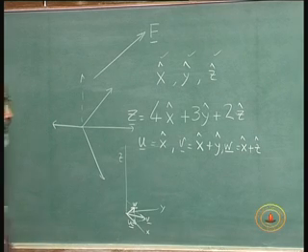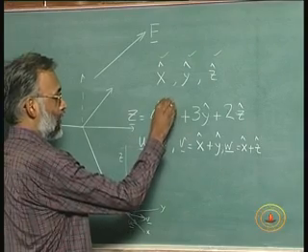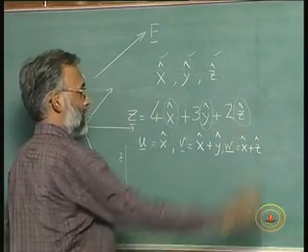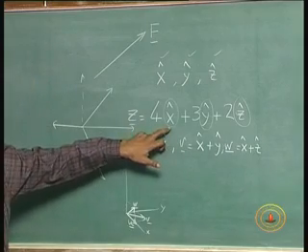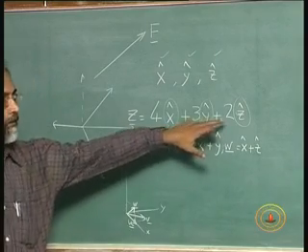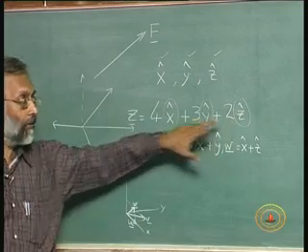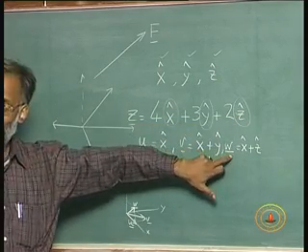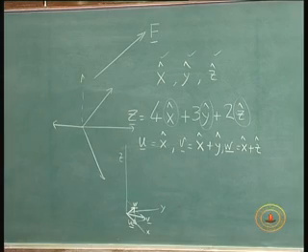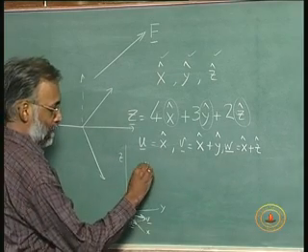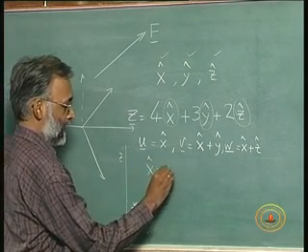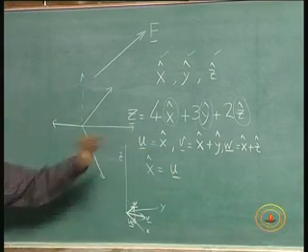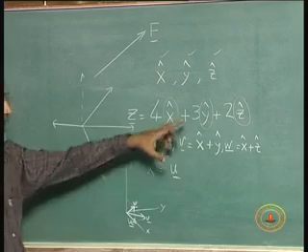Well, what I do is I try to figure out what these 3 vectors, unit vector along x, unit vector along y and unit vector along z, what these are in terms of u, v and w. So, what are they? Well, x is easy, x hat is nothing but u itself. I have got it there. But what about y hat?